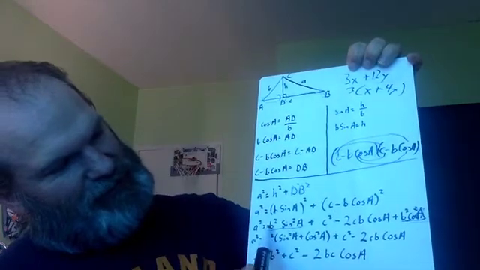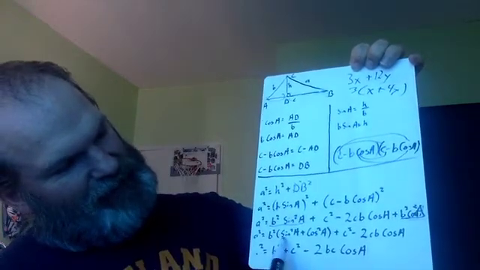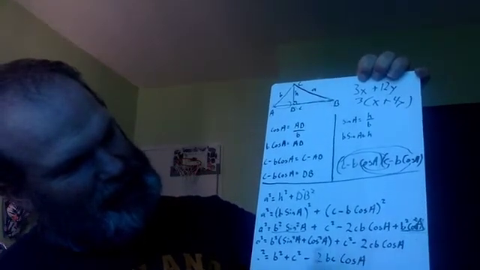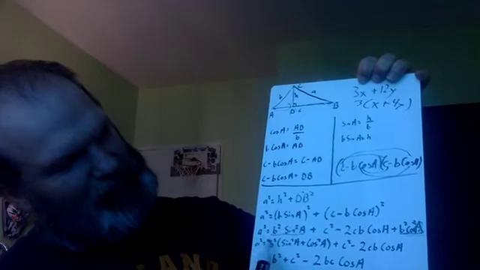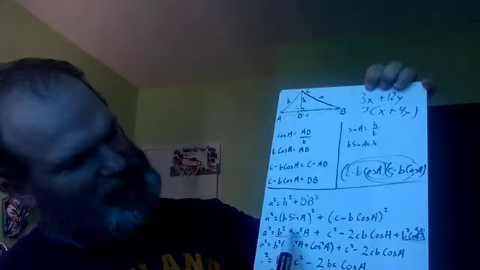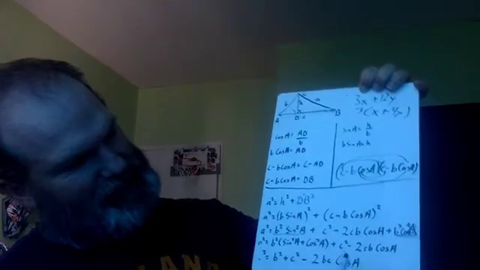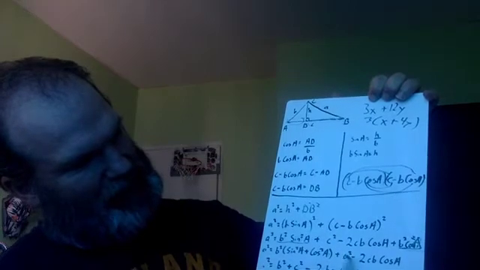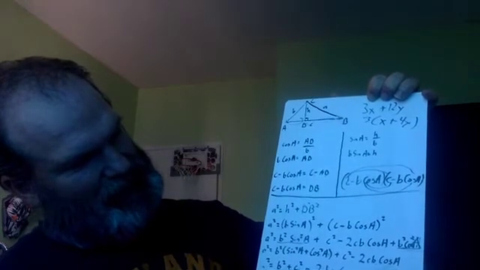So I pull out a b squared from here, and I'm left with sine squared a. I pull out a b squared from here, and I'm left with cosine squared a. So I get b squared times this whole parenthesis. That simplifies my first and my last term. Then my middle 2 terms I haven't touched. It's still plus c squared minus 2cb cosine a.